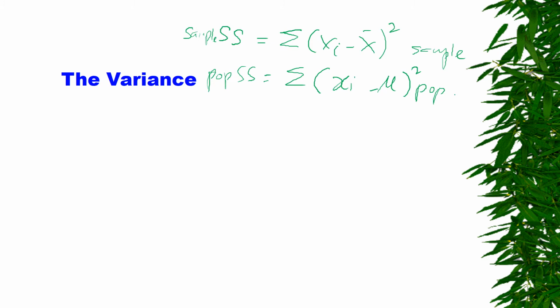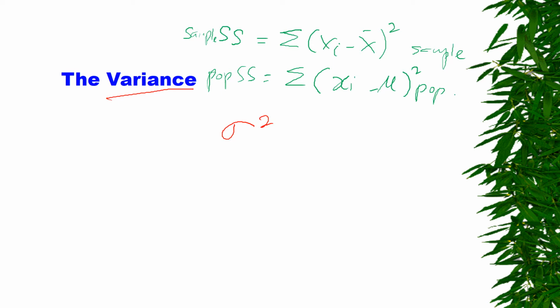So the mean sum of squares is called the variance, or mean square, the letter being short for mean squared deviation, and for a population it is denoted by sigma squared, using the lowercase Greek letter.